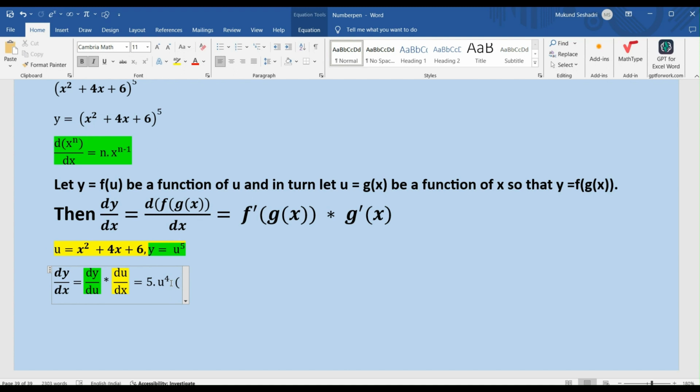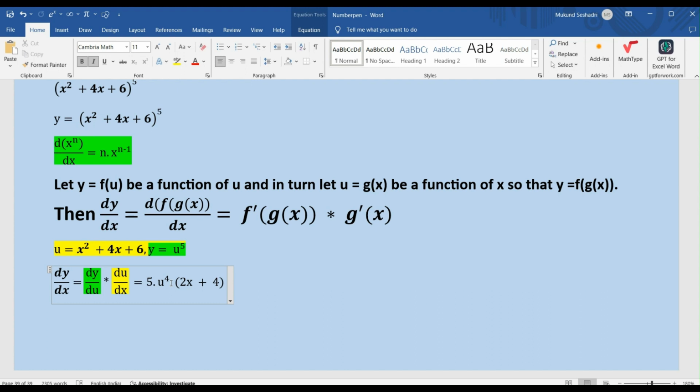My du by dx is d by dx of x squared plus 4x plus 6, which through the sum rule is d by dx of x squared, which is 2x, plus d by dx of 4x, which is nothing but 4. And then I have d by dx of 6, which is a constant, and therefore it is 0.